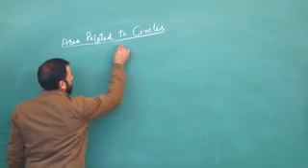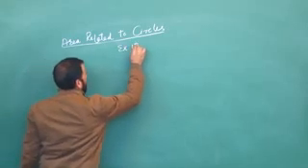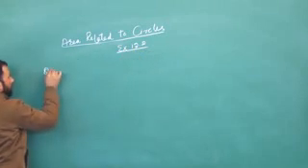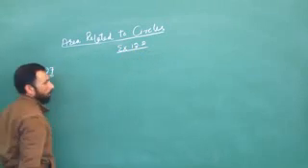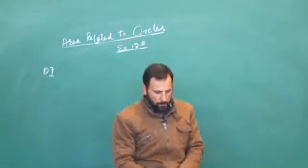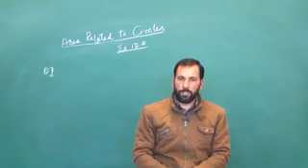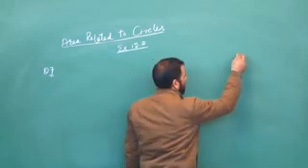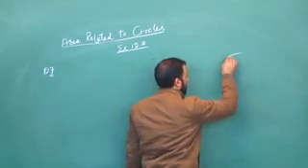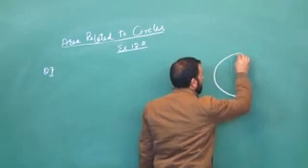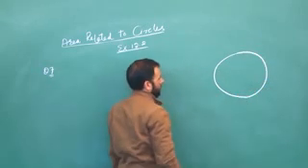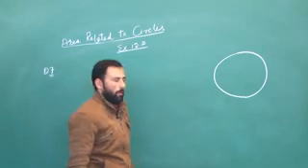Exercise 12.2, question number 7. A chord of a circle of radius 12 centimeter. Let us draw the diagram of this question. This one is a circle.